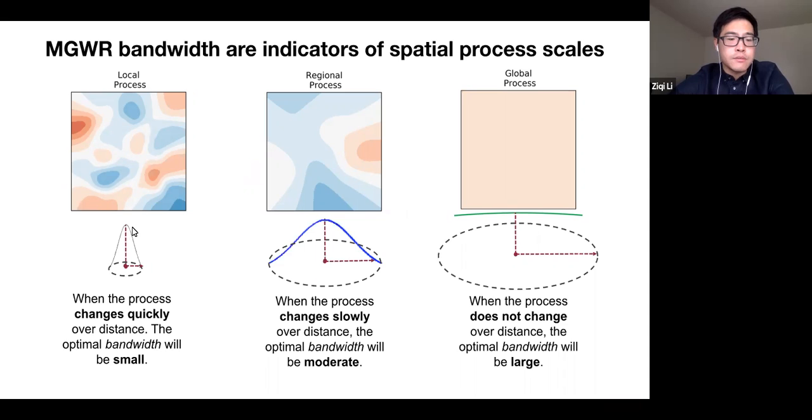We need to use a small bandwidth kernel to reduce any bias in the parameter estimate. When the process changes slowly over distance, so this is a regional process with some spatial variation, the optimal bandwidth will be moderate. And when the process does not change over distance, so this is a constant process with no spatial variation, you will get an optimal bandwidth that is very large and possibly infinite.